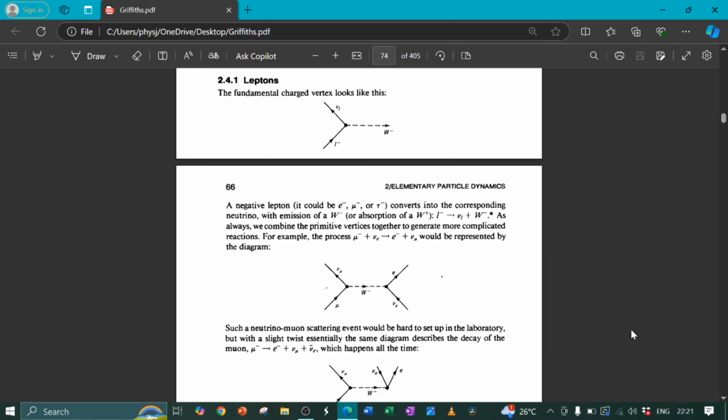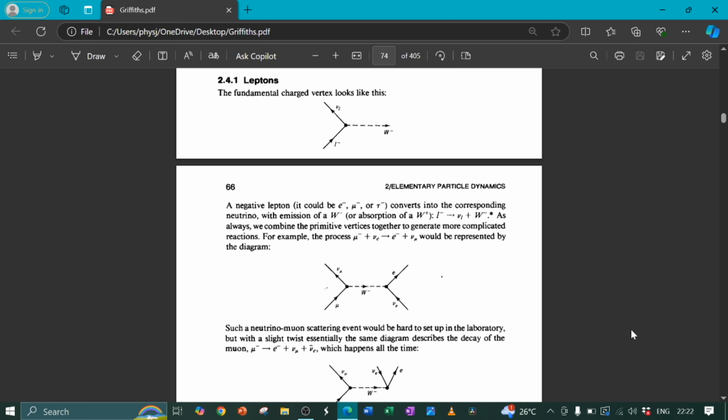Leptons. The fundamental charged vortex looks like this. A negative lepton, it could be electron, muon negative or tau negative, converts into the corresponding neutrino with emission of a W minus or absorption of a W plus.